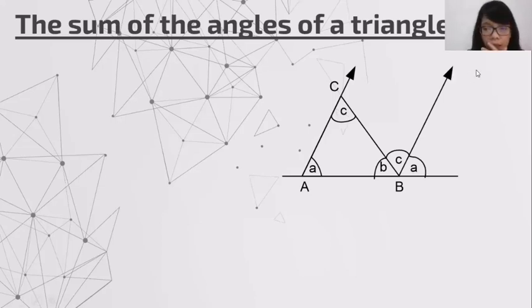To explain this part, I will make a connection with the parallel lines, if you guys still remember. If you have two parallel lines that are cut by one transversal, we call it transversal AB.